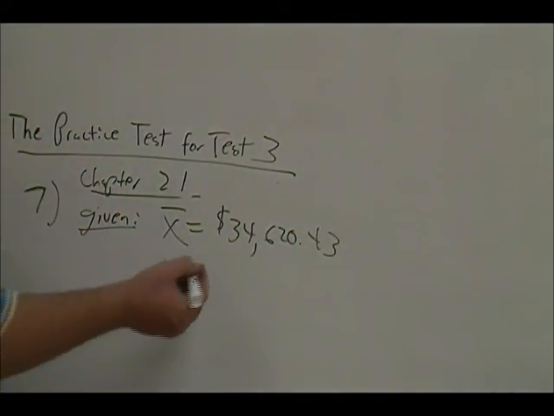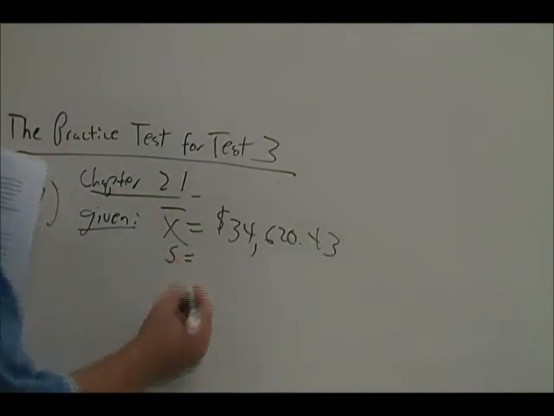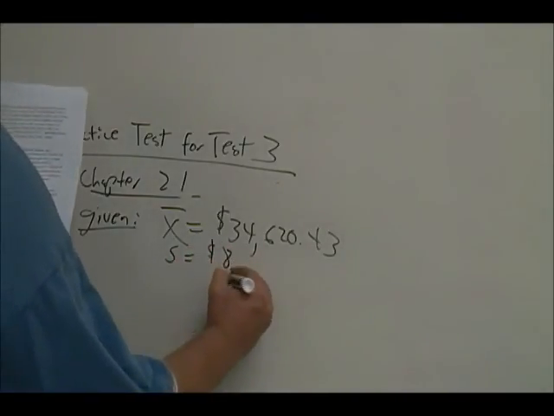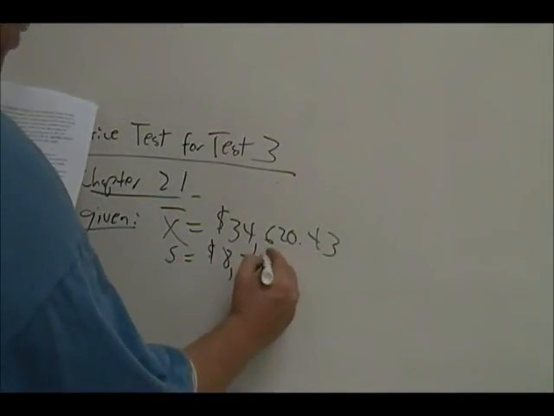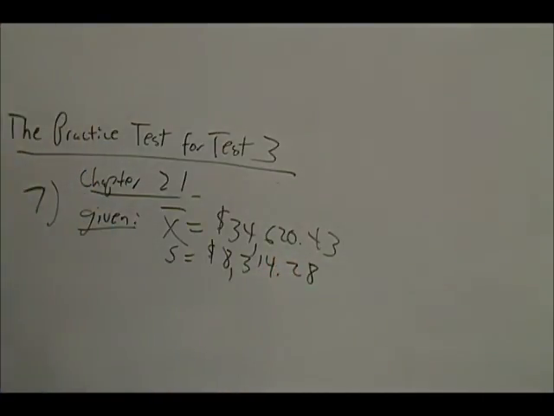So that's the mean annual income of the 325 randomly selected households in this survey. We're also given the standard deviation for the sample, which is little s, to be $8,314.28. That's a measure of how spread out the data is, or how far the annual incomes deviated from the mean income on average in that sample.